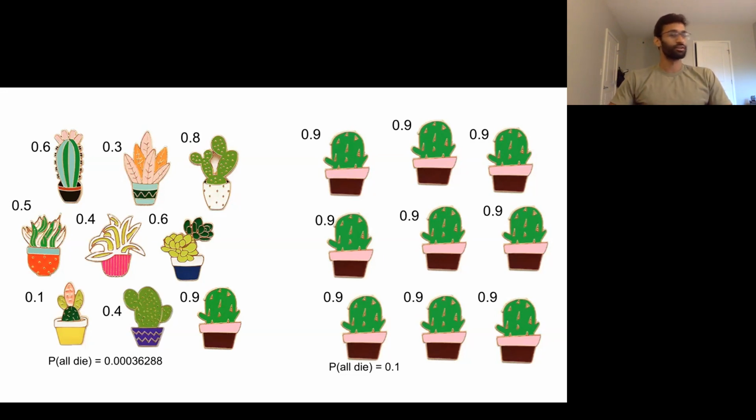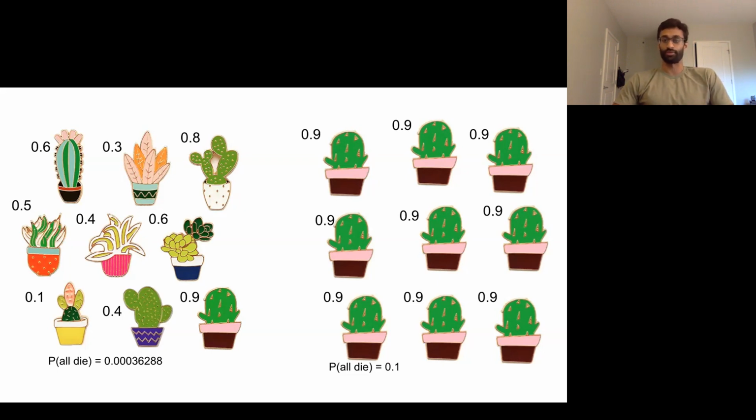But the concern with monoculture is something like the following. On the left-hand side, all of these crops are independent. Let's say what we're worried about is susceptibility to different viruses. On the left-hand side, each plant has a varying degree of robustness to those viruses, but they're robust to different viruses. So if one of them dies, that's independent from the rest of them dying. And so the probability that all my crops die in this left-hand world is very, very low, right?